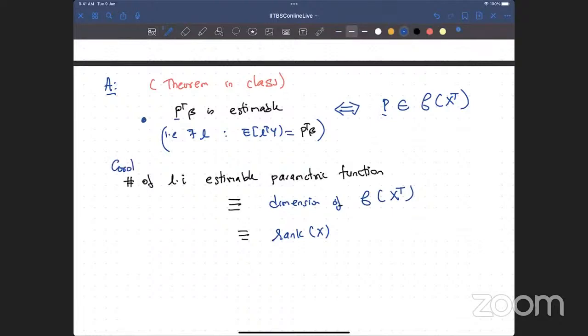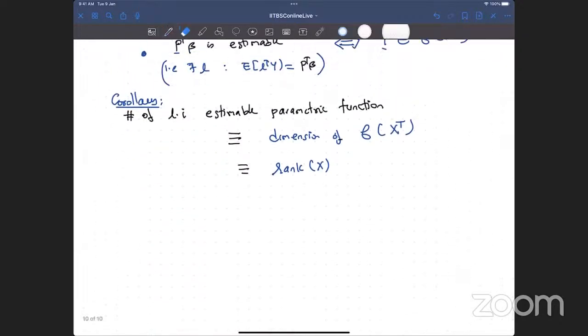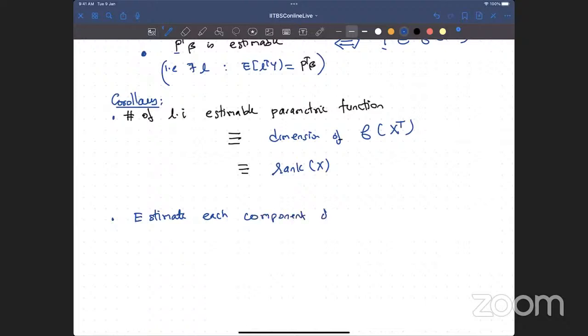Let's say you were interested in estimating every beta, that is, each component of beta. Beta is an m cross 1 vector.